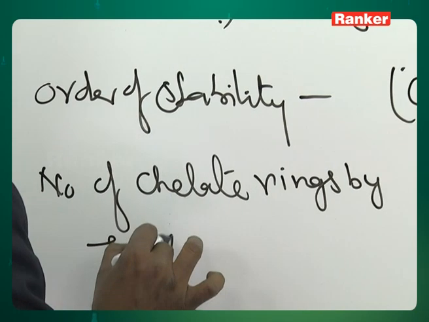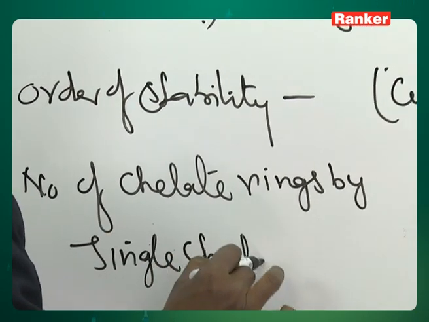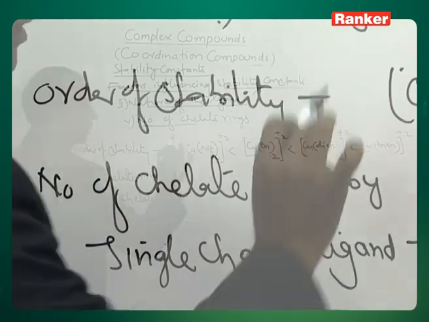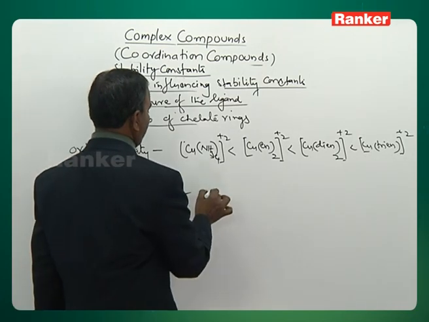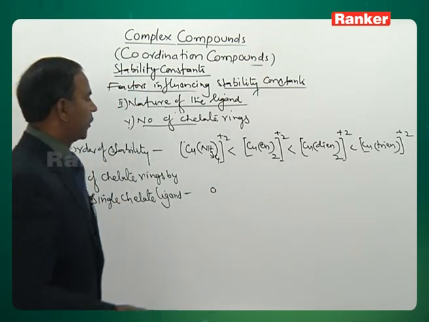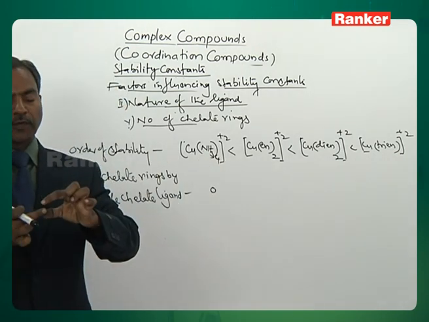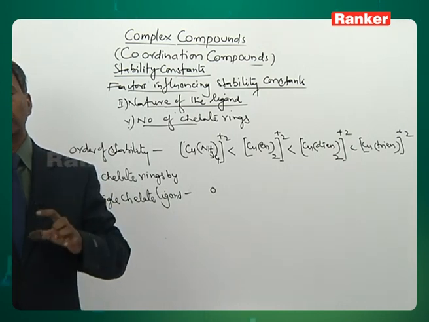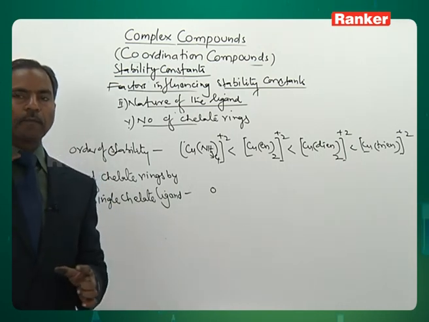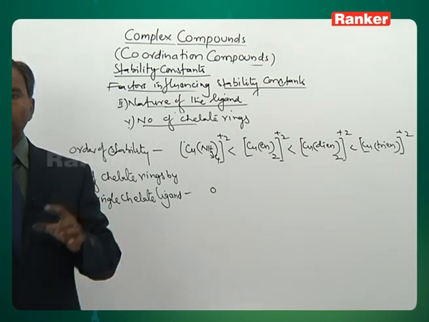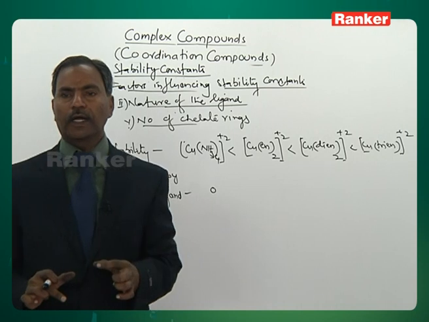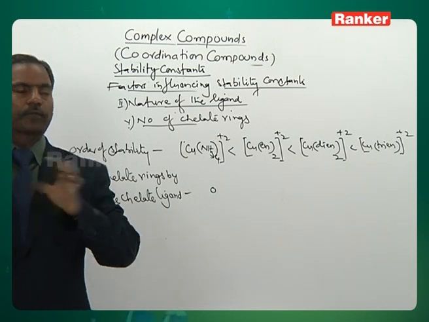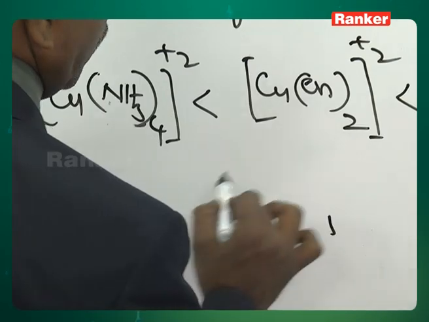Ammonia is a monodentate ligand, so no ring. But ethylene amine has 2 donor atoms, so it can form only one ring. Number of chelate rings by a chelate ligand equals number of donor atoms minus 1. So ethylene amine with 2 donor atoms can form only one ring.